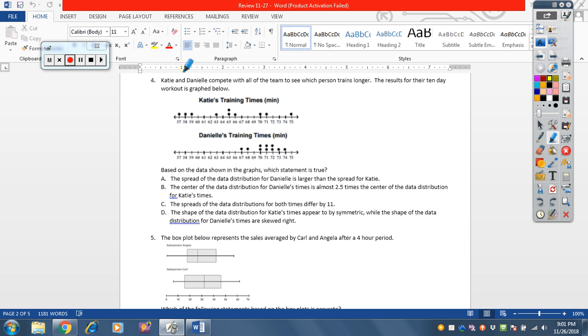Number 4 says Katie and Danielle compete with all the teams to see which person trains longer. The results for their 10-day workout is graphed below. Based on the data shown in the graphs, which statement is true?